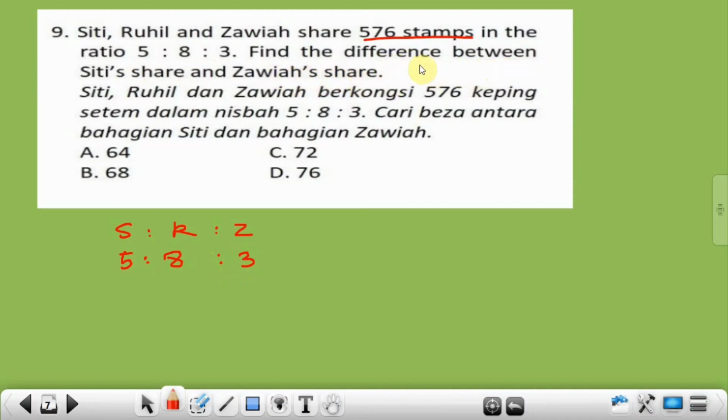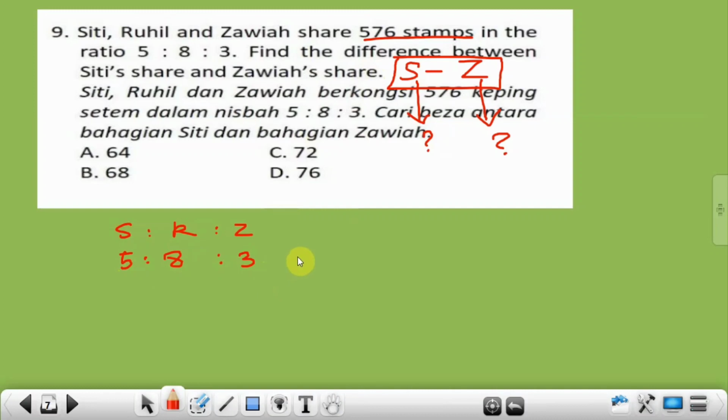So we want to find the difference. So Siti, we will minus it with the stamps that Zawiya has. This is what we will do. But first we need to find out the value of Siti's stamps and the value of Zawiya's stamps. Okay, so we know that this is the ratio, not the real number.